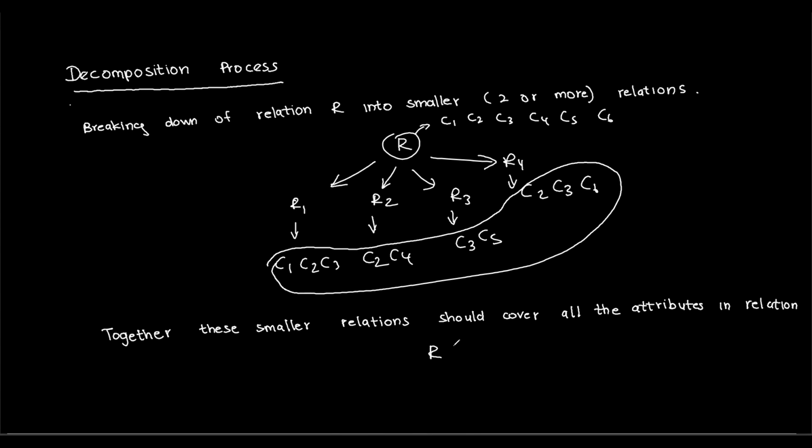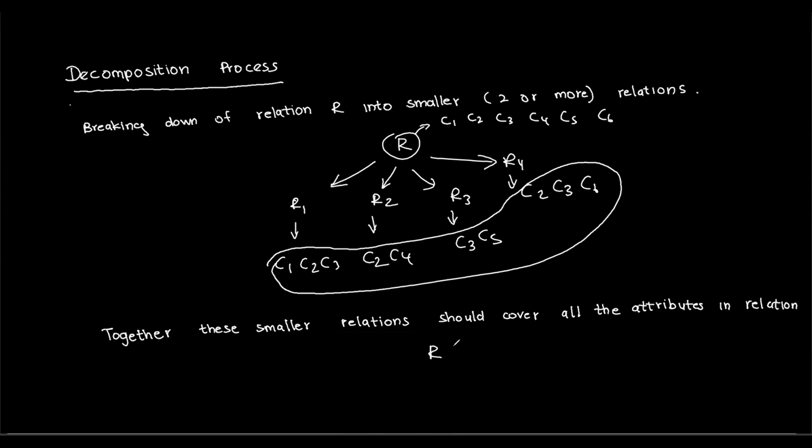This is the decomposition process. So what are the main things? Decomposed relations should cover all the attributes in relation R when put together, and we should also have a way to join these smaller relations to bring back the original relation without any information loss, and no new data should be formed.